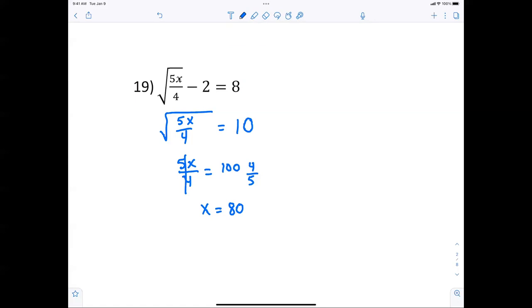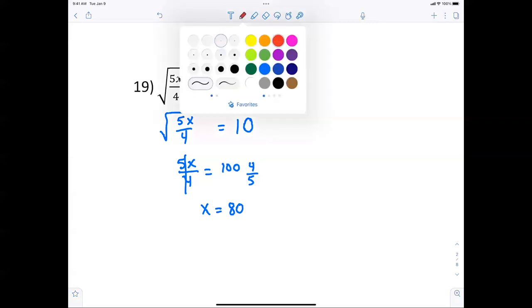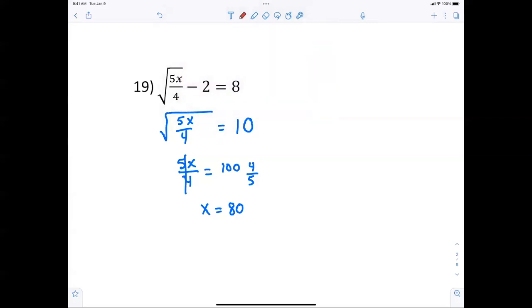I added 2 to both sides to get 10, right? And then to undo a square root, I square. So 10 squared is 100, right? And then she's asking me, I don't know why, but the reciprocal is 4/5. She just didn't realize that 5 and 5 cancel out and 4 and 4 cancel out. So I have to show that step.